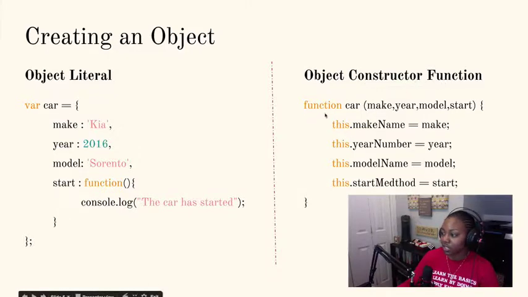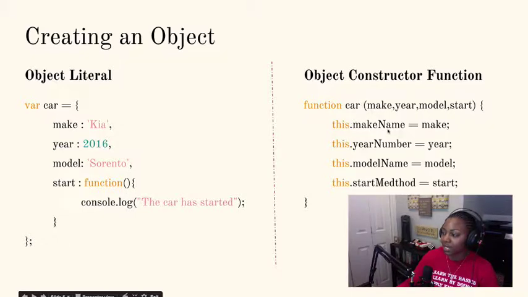And then we come over here and we talked about object constructor function. So we create a function that is basically a representation of the properties and methods of the object. So the function car is an object. We passed in parameters to these property names. So we said, okay, anything we pass in as values, we'll use the variables make, year, model, and start, right? So this is saying this car is referencing this object that we just created.